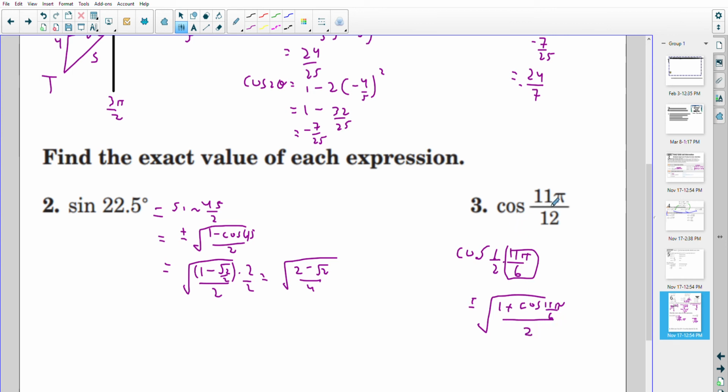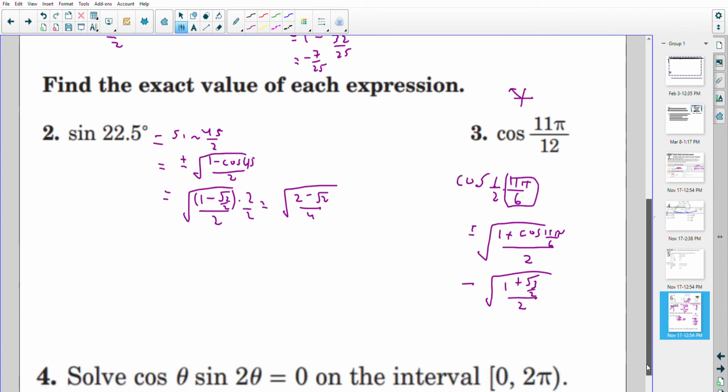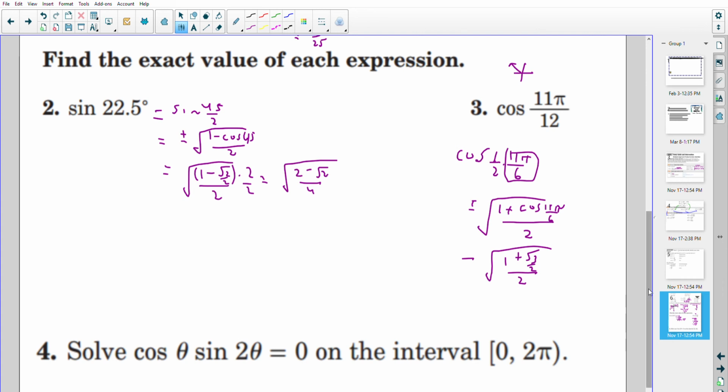And you would know that this, for example, is in the second quadrant. So you know that the cosine is going to be negative. So you know it's going to be a negative 1. Let's see, cosine 11 pi over 6, that's the fourth quadrant. And so that's going to be positive square root of 3 over 2, all divided by 2, and then you would simplify that.